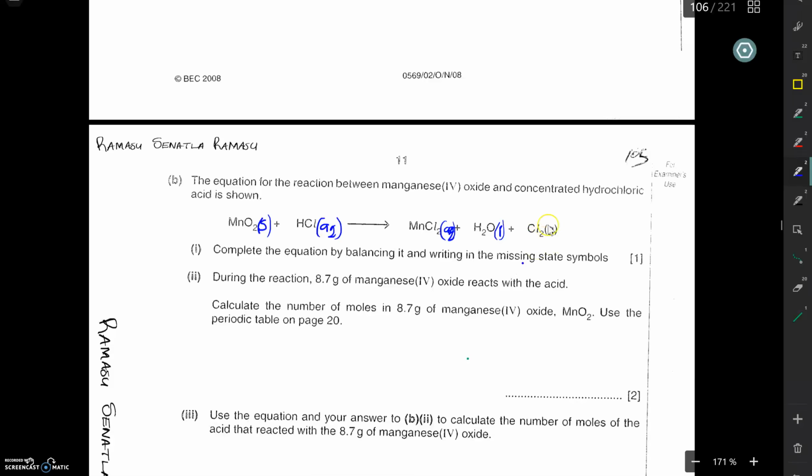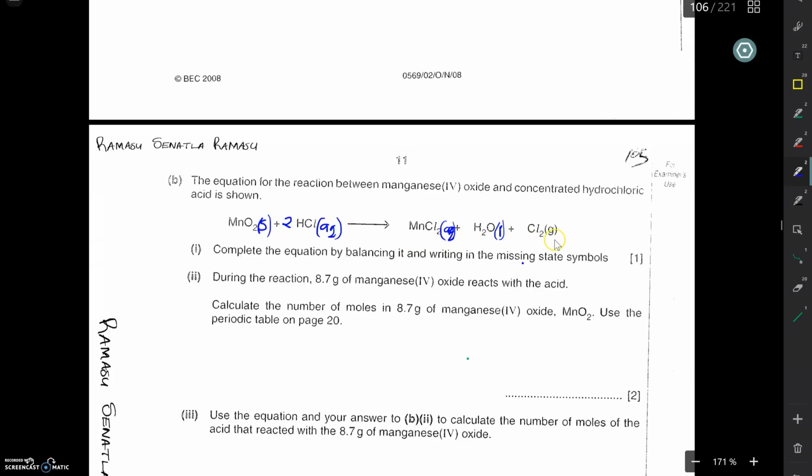Now we have Cl2 here, so we have two chlorine particles, but we only have one chlorine particle on this side. So what we do is put a 2 in front of HCl. So then we have two chlorine particles on the left side and two chlorine particles on the right side, right? And hydrogen, we have two hydrogen particles on the left side and two on the right side.